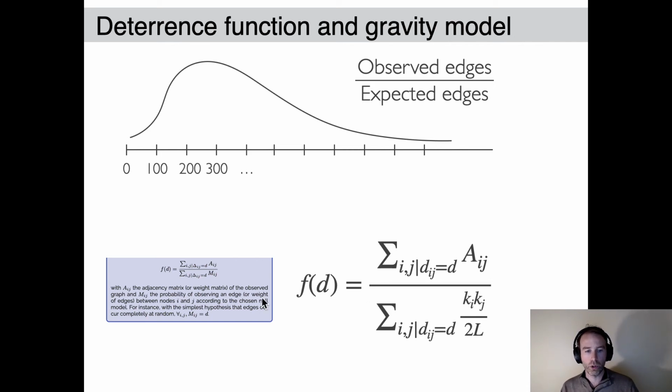So basically, the model you're using here as a reference is a configuration model. So more formally, you use this formula. You will divide the observed number of edges by the expected fraction of edges at this distance. But this fraction of edges expected at this distance depends on the degrees of nodes that you find at this distance.